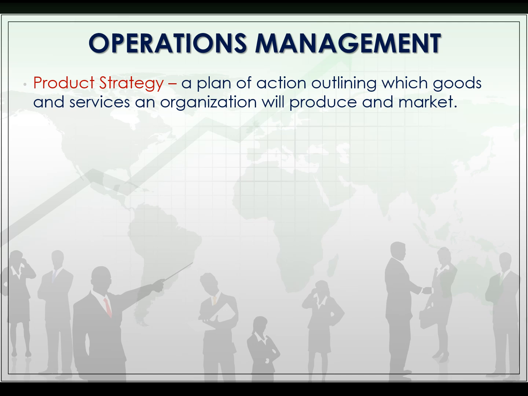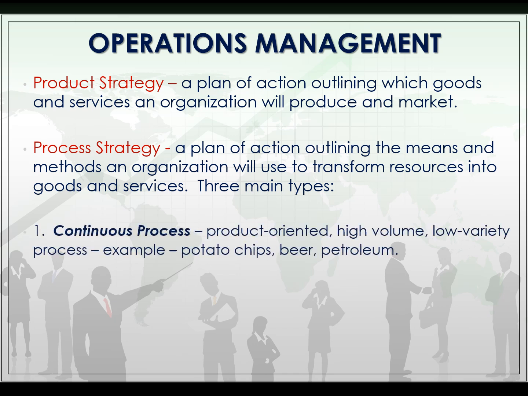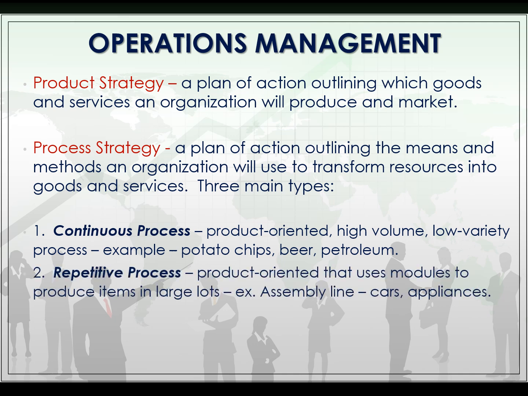Product strategy is a plan of action outlining which goods and services an organization will produce and market. Process strategy is a plan of action outlining the means and methods an organization will use to transform those resources into goods and services. And there are three main types. Continuous process, which is product-oriented, high-volume, low-variety, for example, potato chips, beer, petroleum.